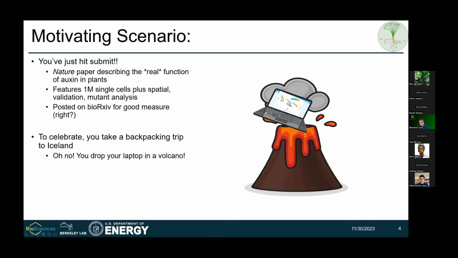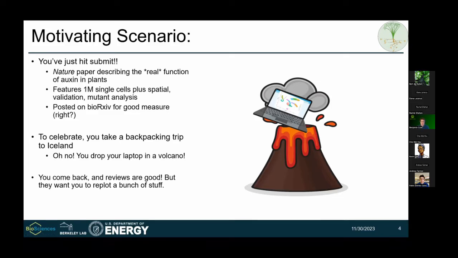But unfortunately, while you're on your backpacking trip, you lose all your data. Either somebody steals your laptop, or you drop it into a volcano, or something happens, and all this hard work is now literally up in flames. So you're bummed, and you come back, bolstered by the good reviews you got.